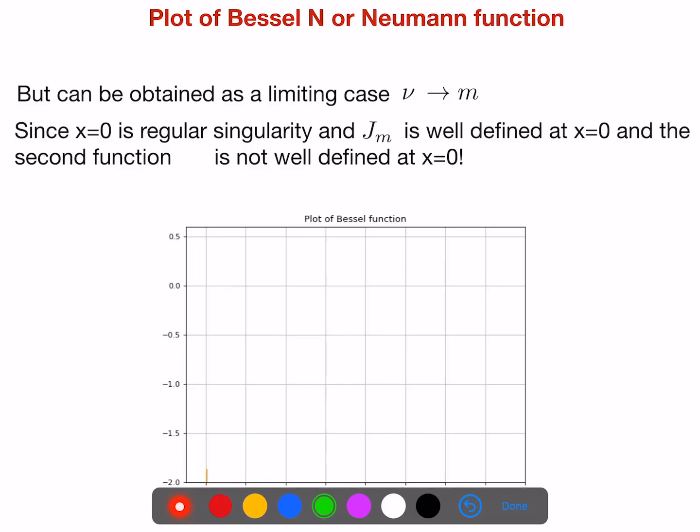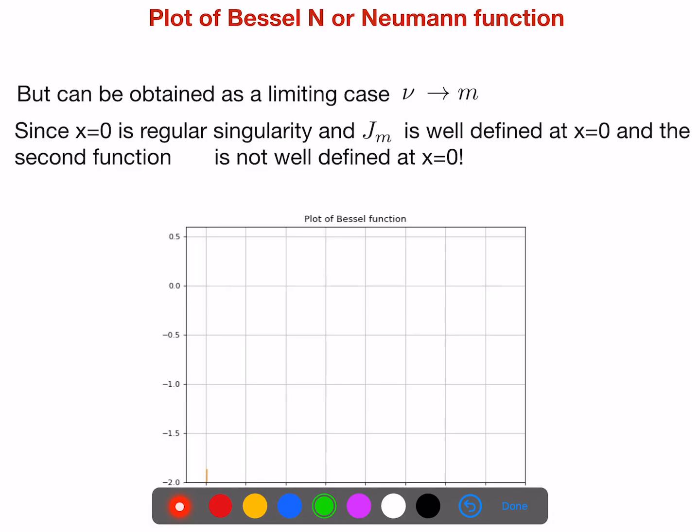Let's look at the plot of Neumann function. We have used power series solution at the regular singular point at x equals 0. Since x equals 0 is the regular singular point, it can be shown that only one of the solutions is well defined and the other solution is going to blow up.